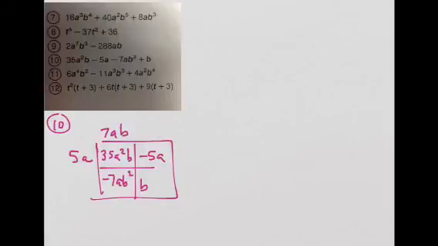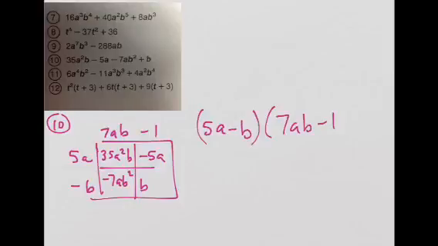Then something times 5a has to give me negative 5a, that would have to be negative 1. And then something times 7ab has to give me negative 7ab squared. So that would be negative b. And then you check, is negative 1 times negative b equal to b? The answer is yes, so there are your factors. 5a minus b and 7ab minus 1.